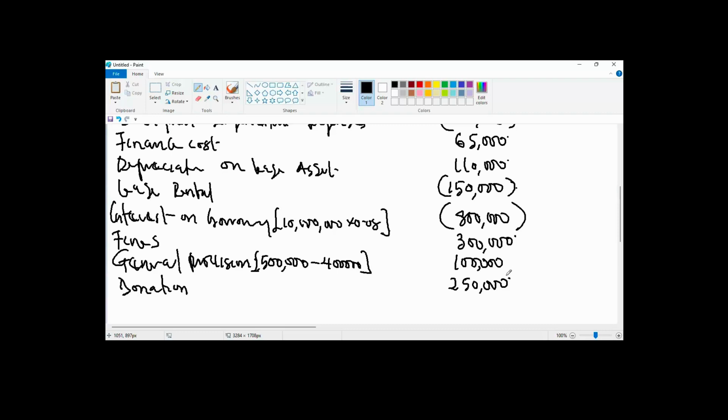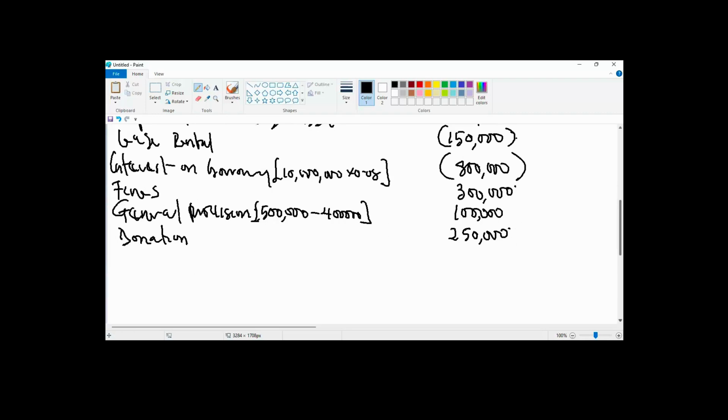Now I can calculate the capital allowance. For the building, how much is the capital allowance that will be claimed? Don't forget the rate; they say it's 10%.